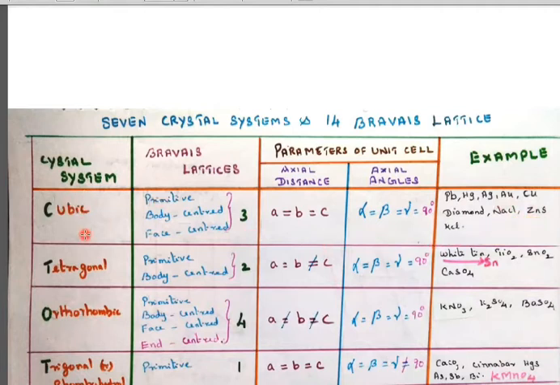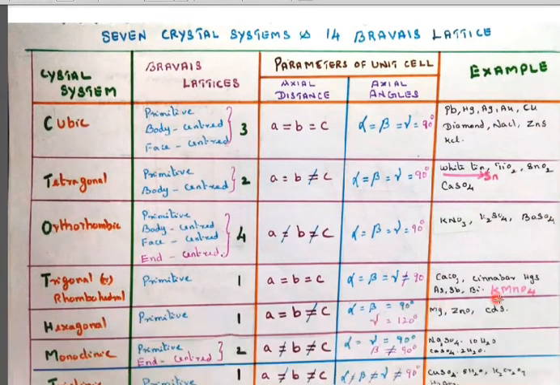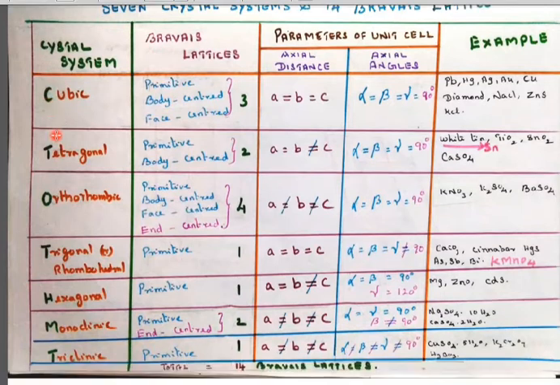And here the given system belongs to trigonal or rhombohedral, where alpha is equal to beta is equal to gamma is not equal to 90 degrees. I have given this list of 7 crystal systems so that you just remember CTOT HMT.